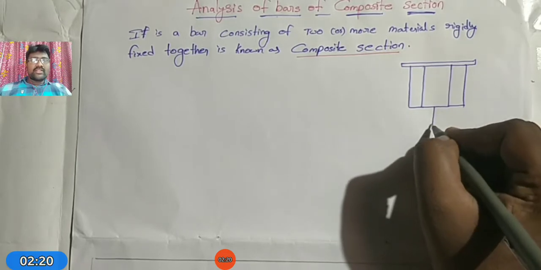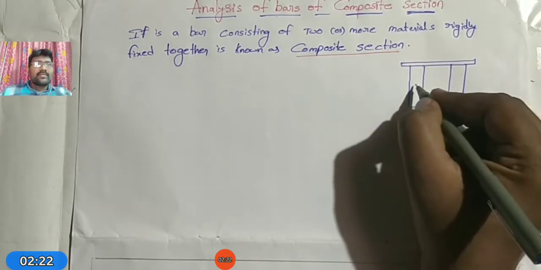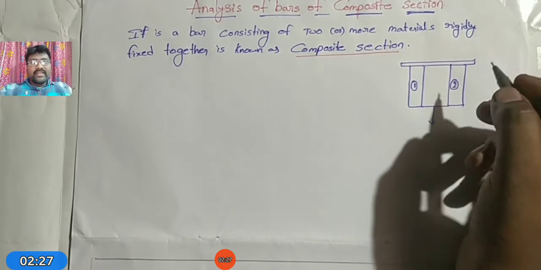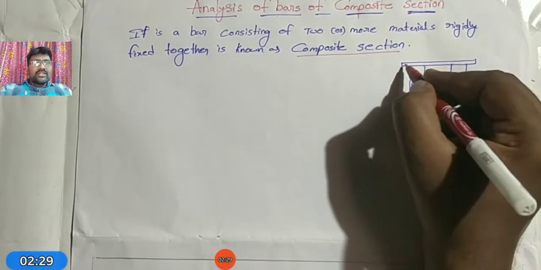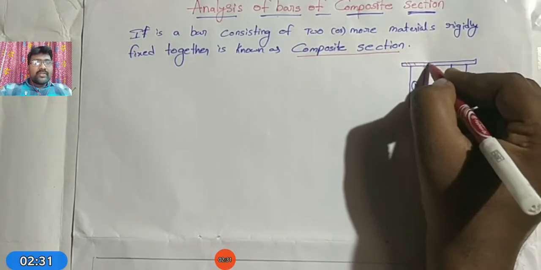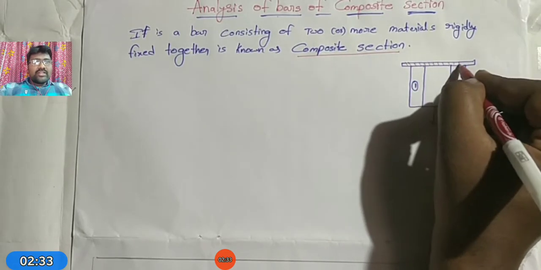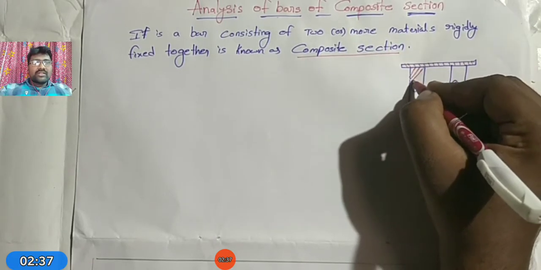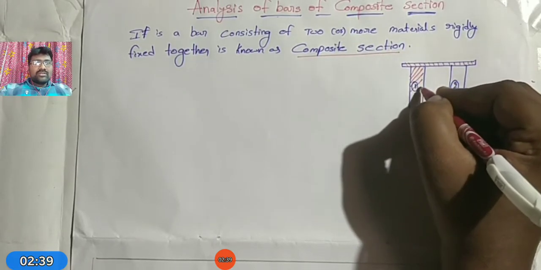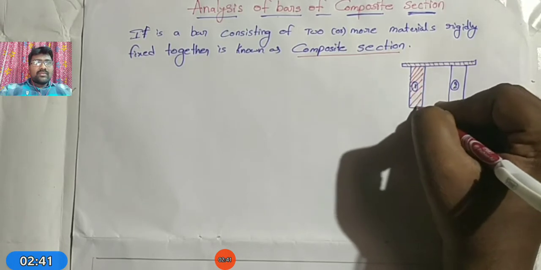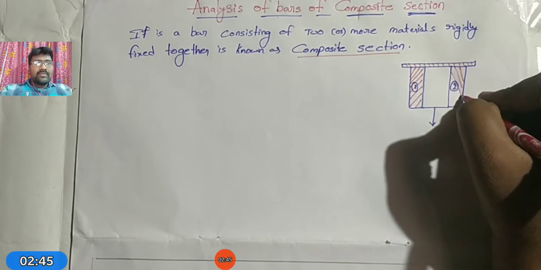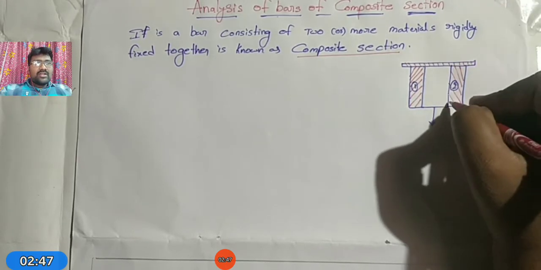The left one is one material and the right one is a different material, so this composite section consists of two materials, material 2 being the right one.